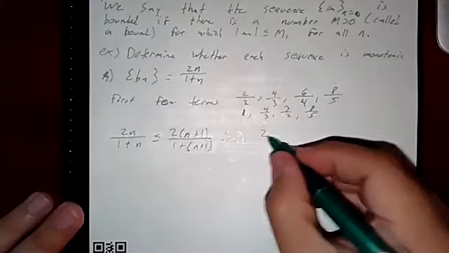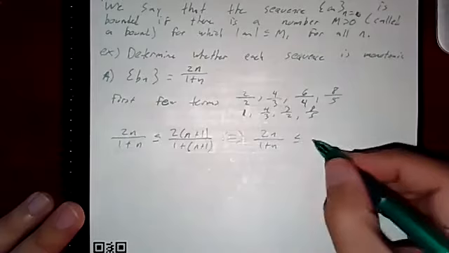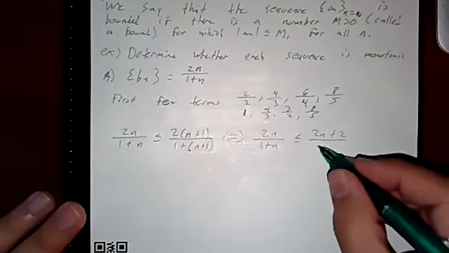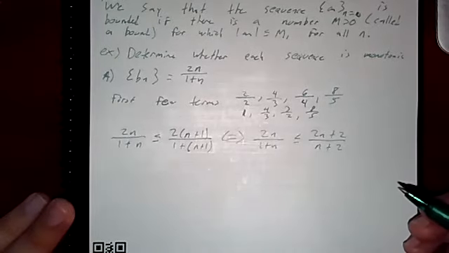This would be 2n over 1 plus n. Distribute, that would be 2n plus 2 over n plus 2, correct? Okay.